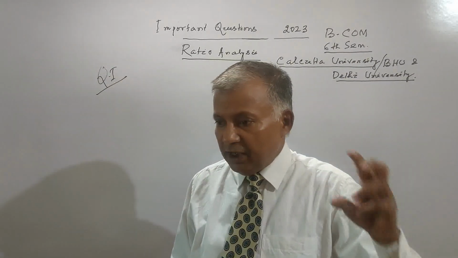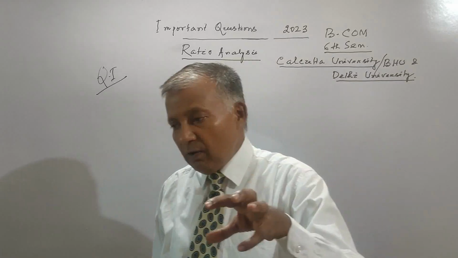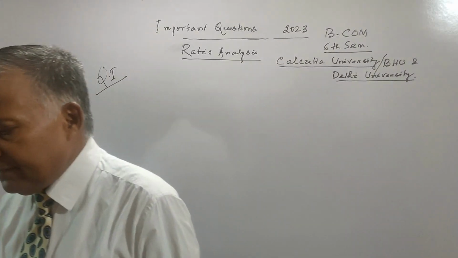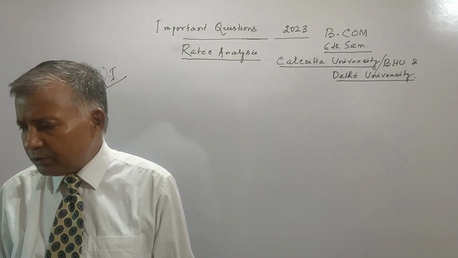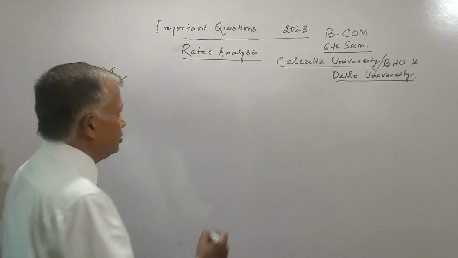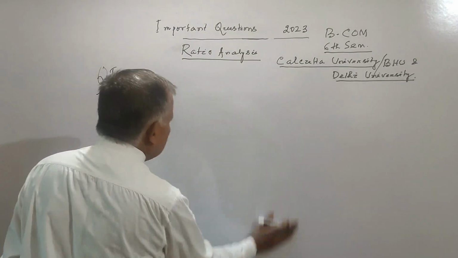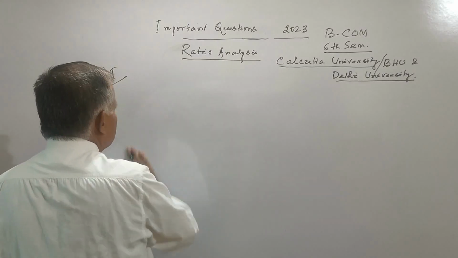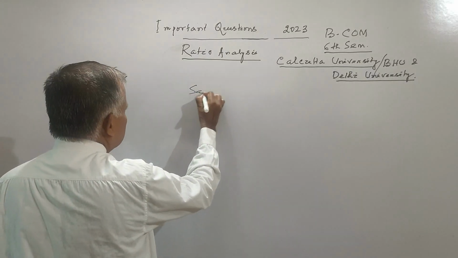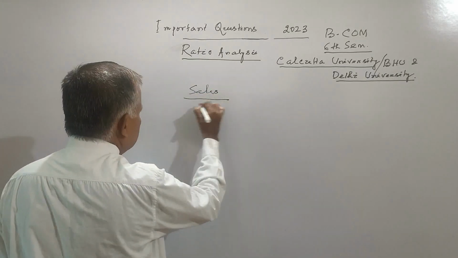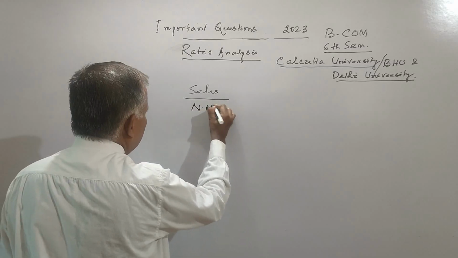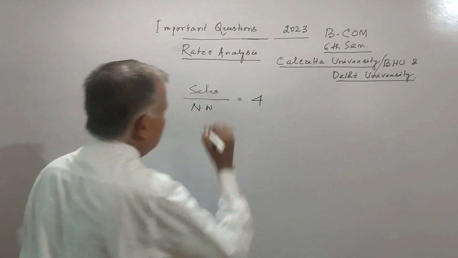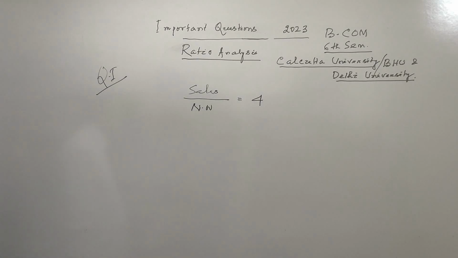So friends, if we go for annual sales, here it is given sales to net worth 4 times. So the starting point will be your sales to net worth. Sales divided by net worth equal to 4 times. Okay.